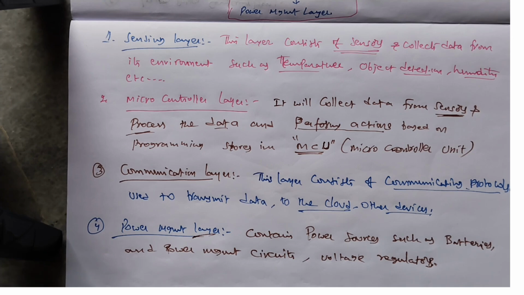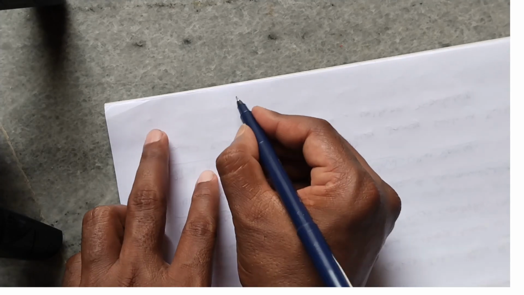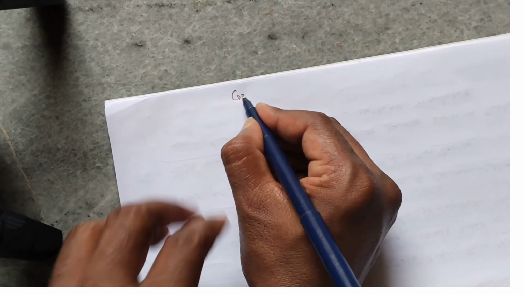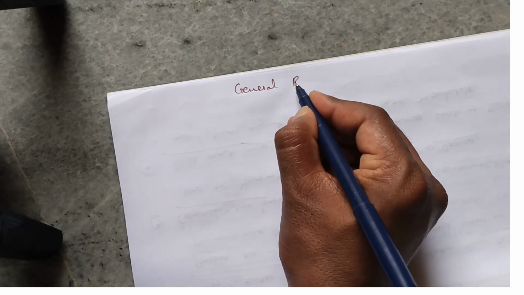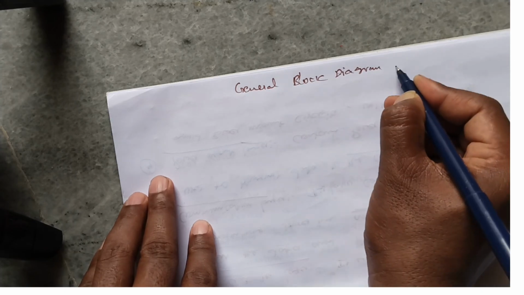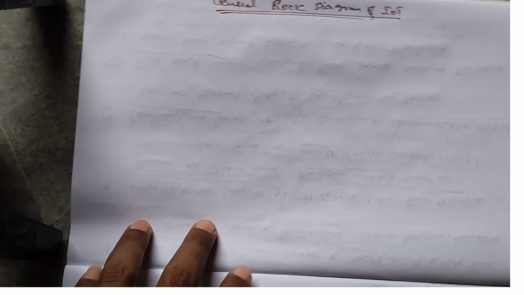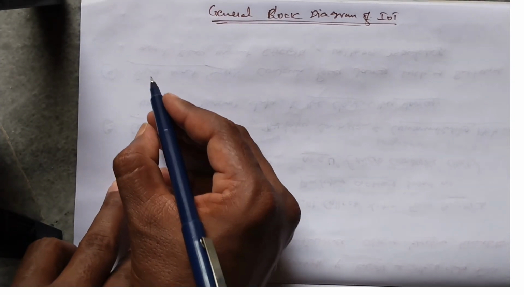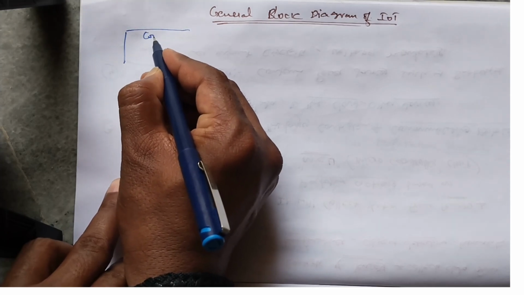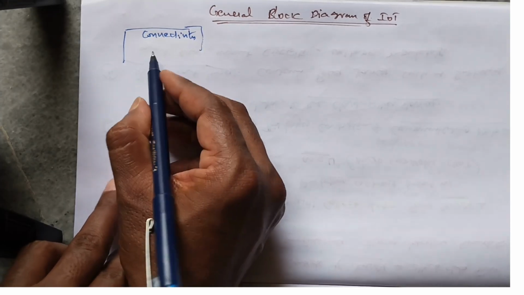Okay, here we will see one block diagram of IoT devices. This is the general block diagram of IoT. In examinations also we need to draw this diagram for IoT devices. The first part is connectivity.